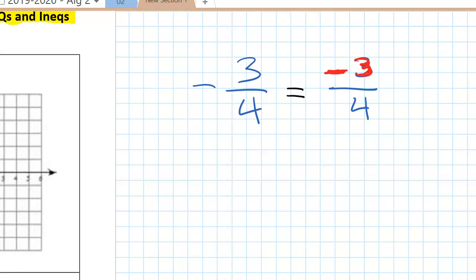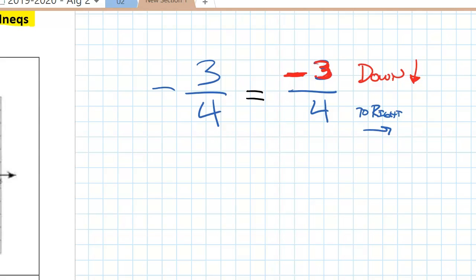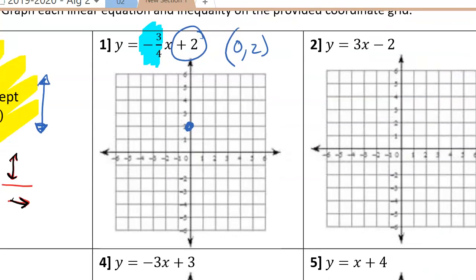It's not negative in both, it's just negative in the numerator or the denominator. I choose to always do it in the numerator, which makes us think about this as down 3 and to the right 4. So going back, we're going to go down 3 units, 1, 2, 3, and go over 4, 1, 2, 3, 4. And we put our dot, and we have our line.